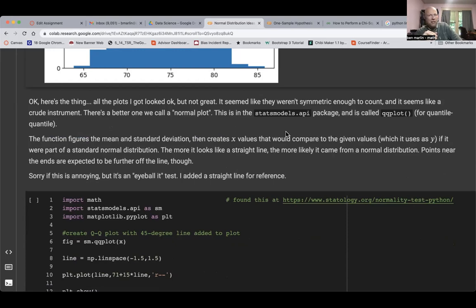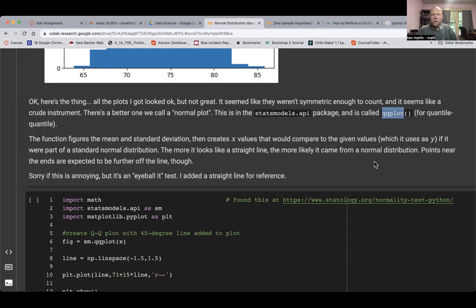from looking and guessing, we have a little bit better method that's referred to as doing a normal probability plot, a norm plot. I've heard it called a lot, but apparently it's referred to as a QQ plot in Python.